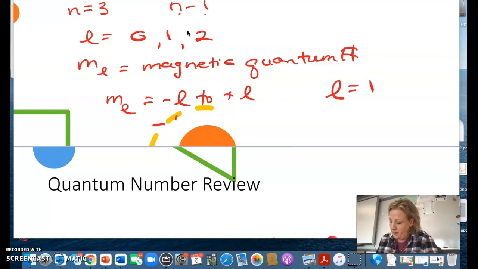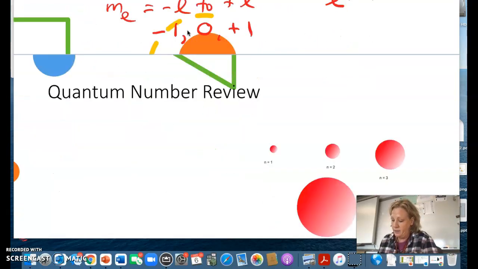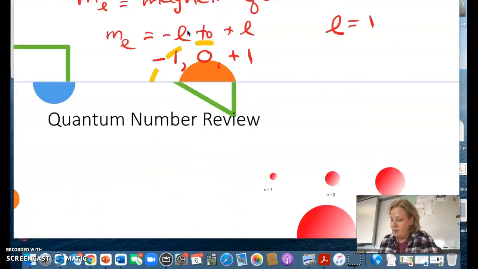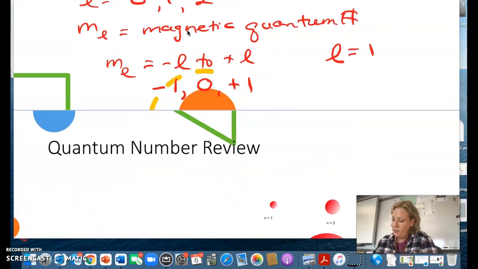So we would have a negative 1, 0, and a positive 1. It's the way that it's going to be oriented in space. The main thing is that you can see that there's 1, 2, 3 ways that it can be, which is really then telling you the number of orbitals.